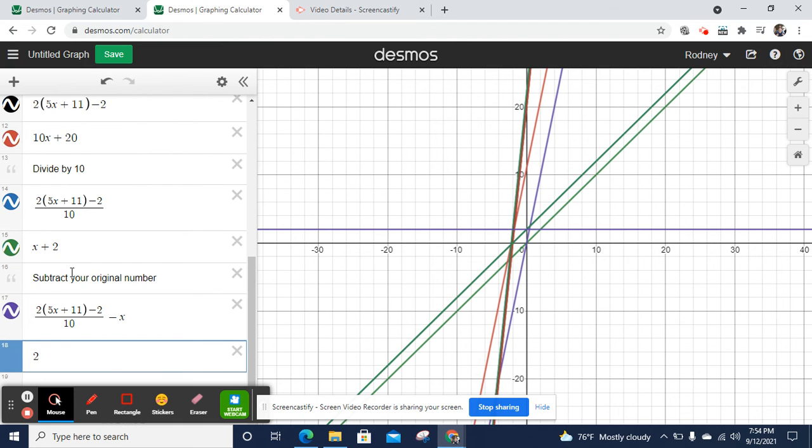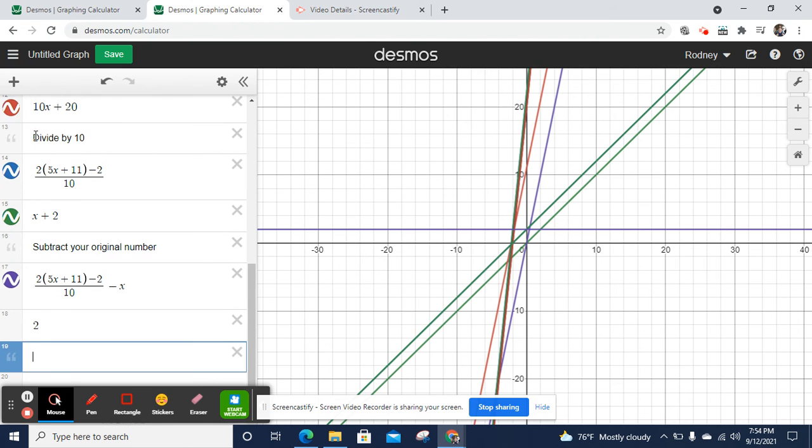But what if you had wanted to end up at the original number? Well, in that case, when you were at x plus 2, you would have subtracted 2. So instead of subtracting the original number, subtract 2.